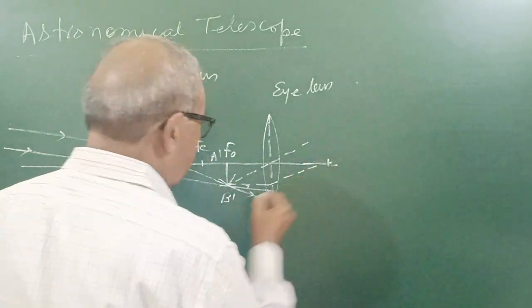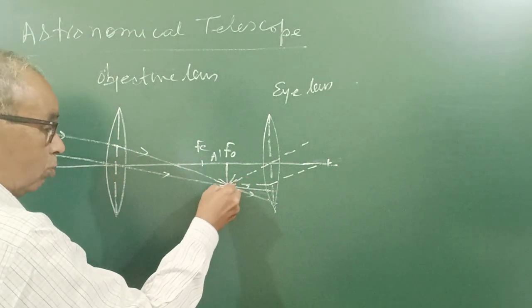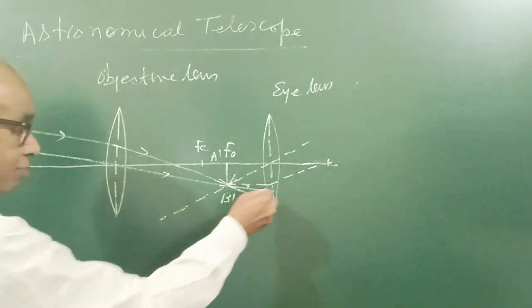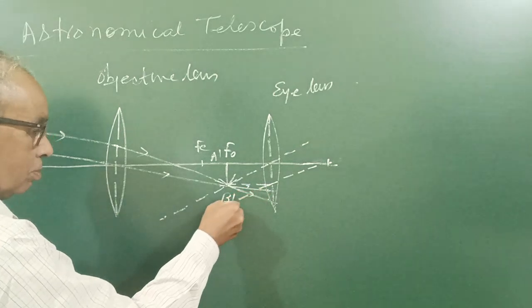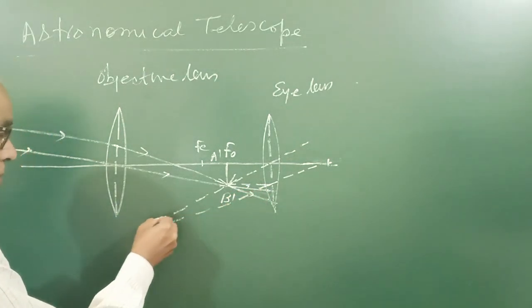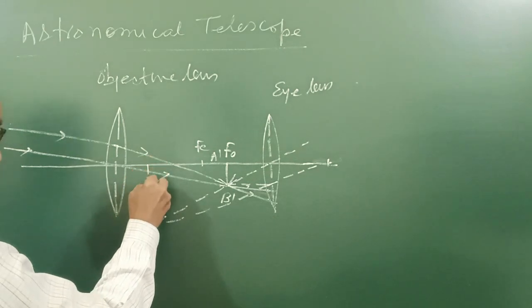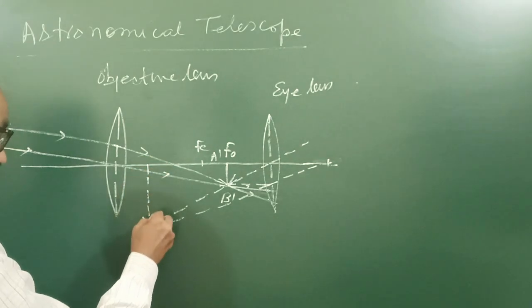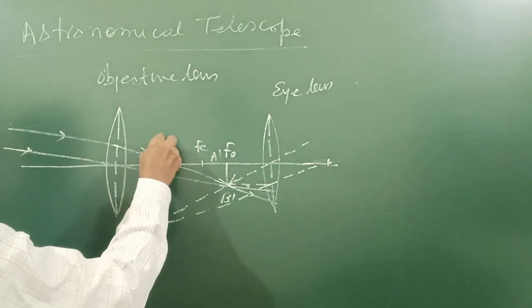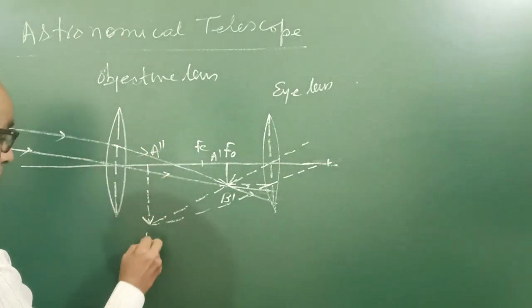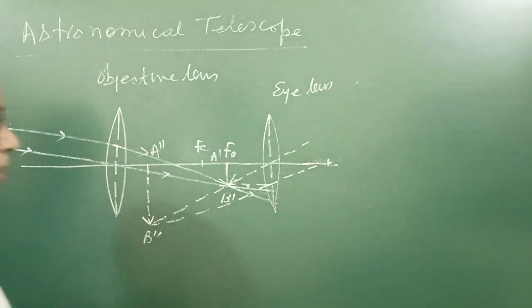This side they will not meet. If you produce them back, here you will get the image A double dash B double dash. For our eye, A double dash B double dash will be seen.